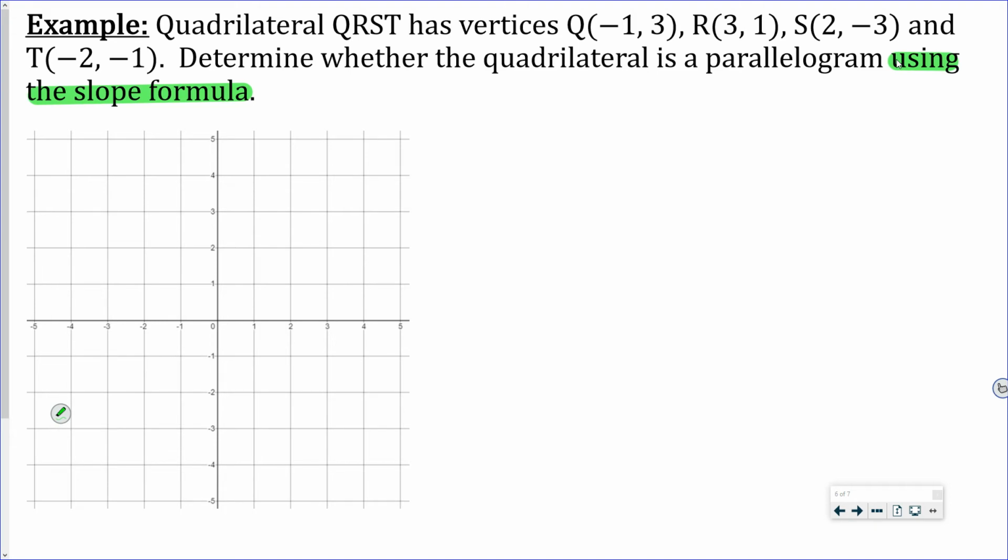So just pay attention to what they're asking you to use. Okay, let's go ahead and plot that quadrilateral quickly. So -1, 3, 3, 1, 2, -3, -2, -1. Okay.